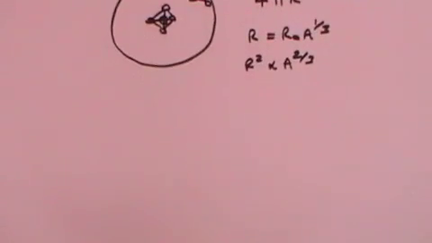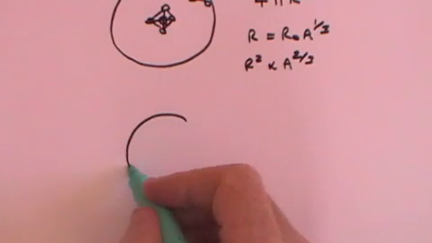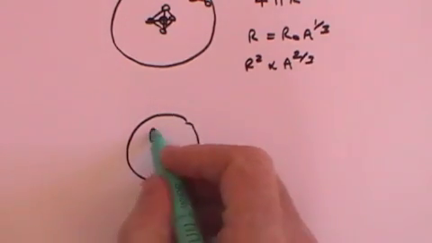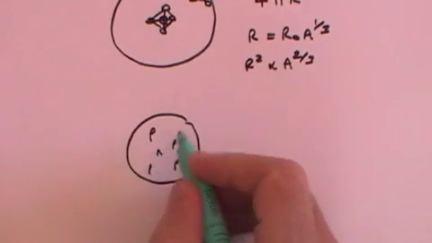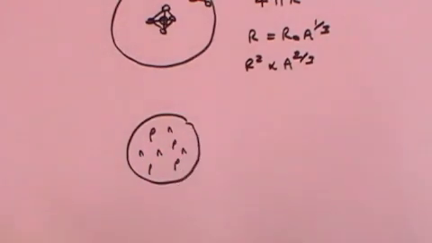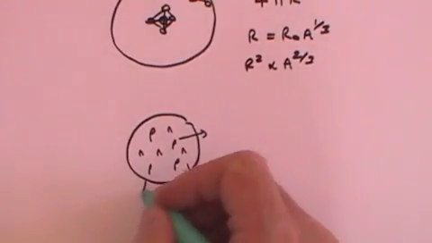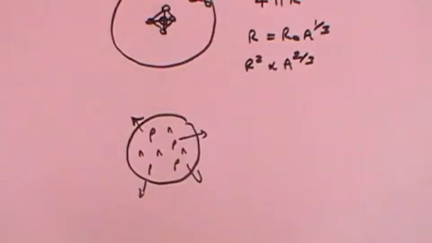But there's another correction term that we need. Here's the nucleus. It's made up of protons and neutrons. The neutrons don't have any Coulomb force, but the protons certainly do. They are trying to push one another apart and break up the nucleus. So they are essentially acting in the opposite direction of the binding energy. The binding energy is trying to keep them in, the Coulomb force is trying to push them out.